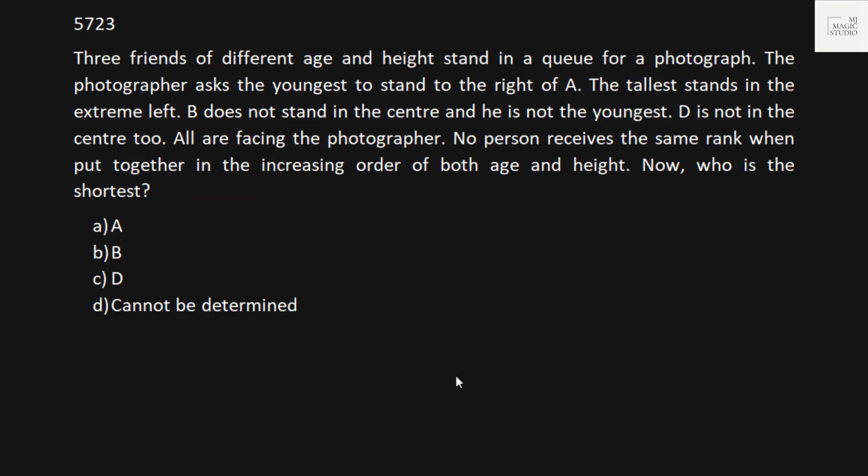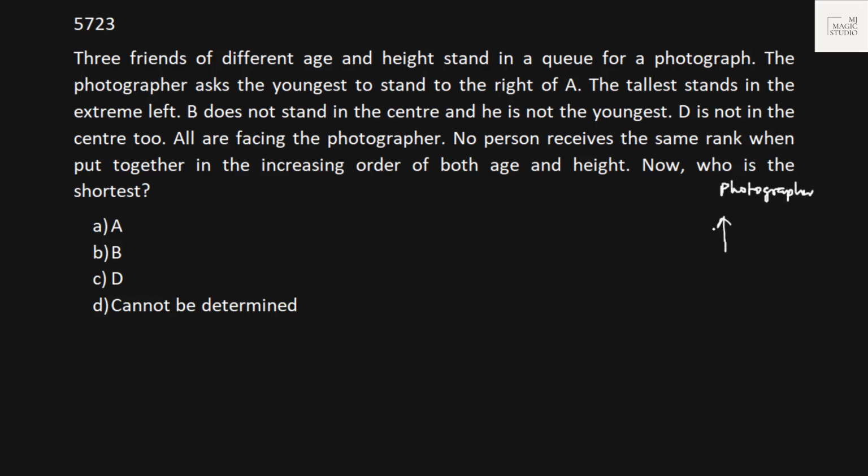Okay, let's see this one. Three friends of different age and height stand in a queue for a photograph. The photographer asks the youngest to stand to the right of A. Let me assume that all are facing the photographer.